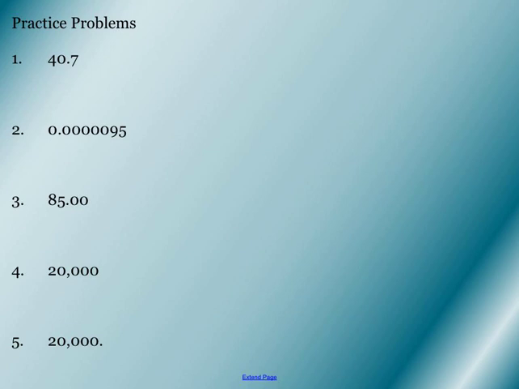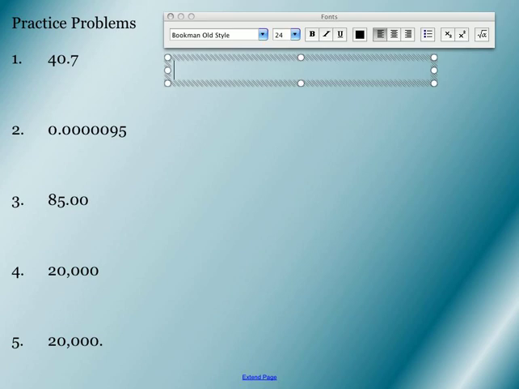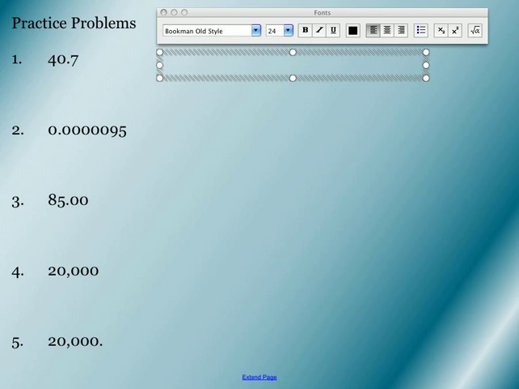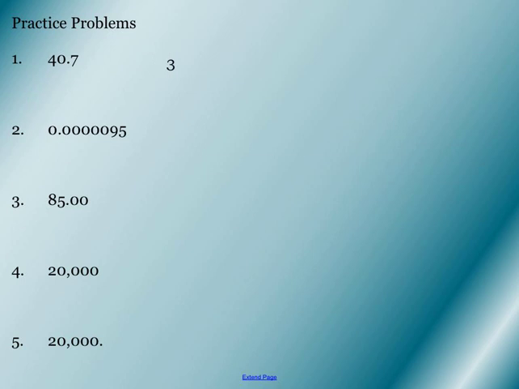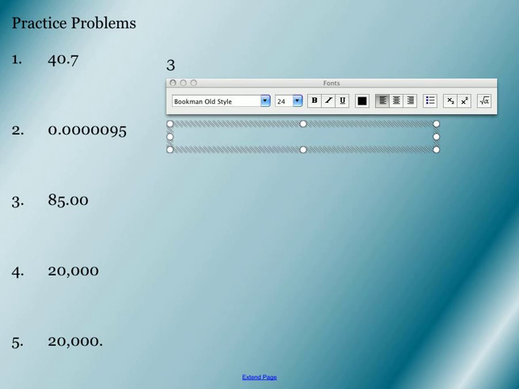All right, so we're going to do a couple practice problems, a little bit of math, and then we are all done. We're just saying how many sig figs each of these are. So hopefully you can scream them out in class, and we'll all be very excited about it. Number 1 has, magically, 3. Number 2 has 2.